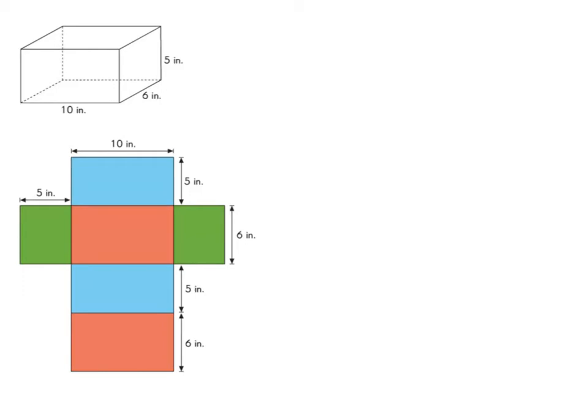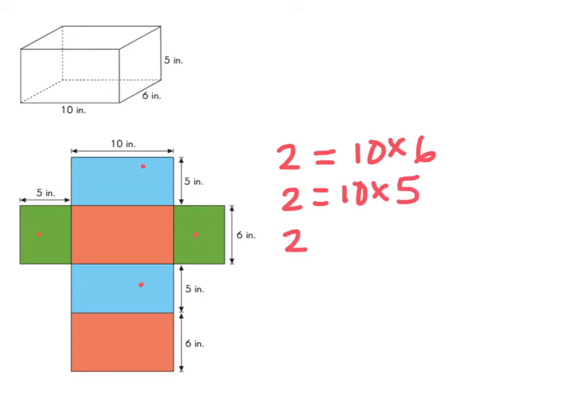We have 2 rectangles that measure 10 by 6. We have 2 rectangles, the blue rectangles, that measure 10 by 5. And we have 2 rectangles, the green rectangles, that measure 5 by 6. In order to find the surface area, we simply need to calculate these areas and add them all together.